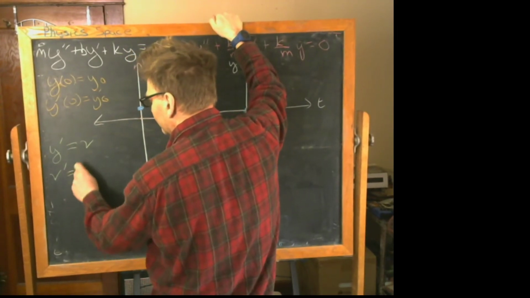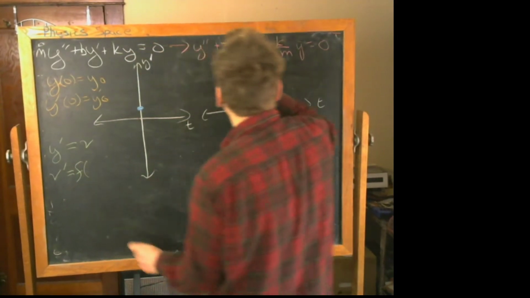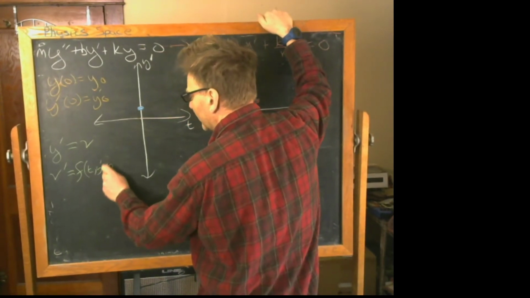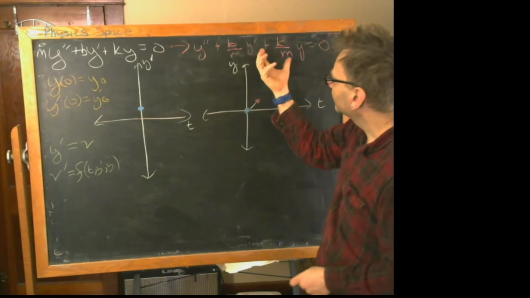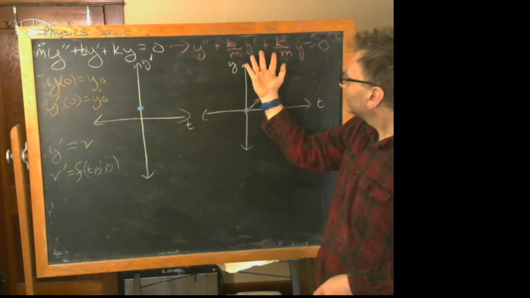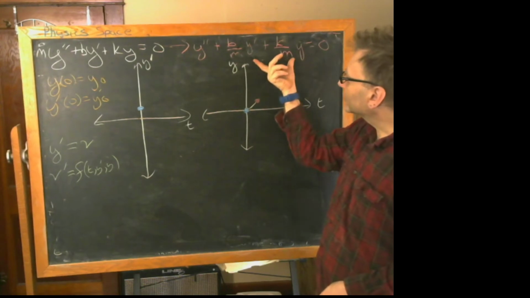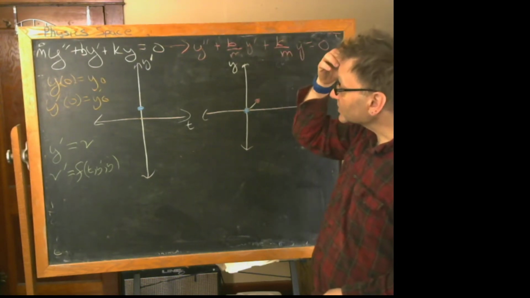And v prime is going to be a function of t, y prime, and y. In fact, v prime will be this term. If we picked up all these things and moved them to the other side, these determine our slope field at a given point.